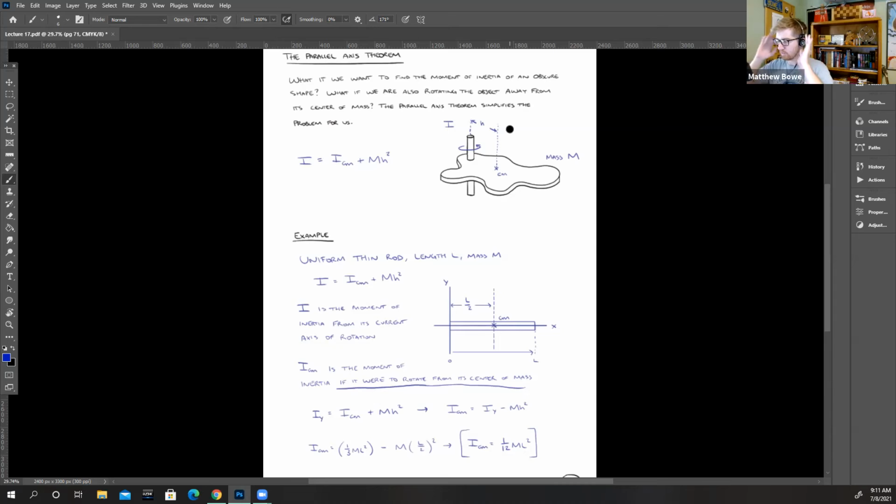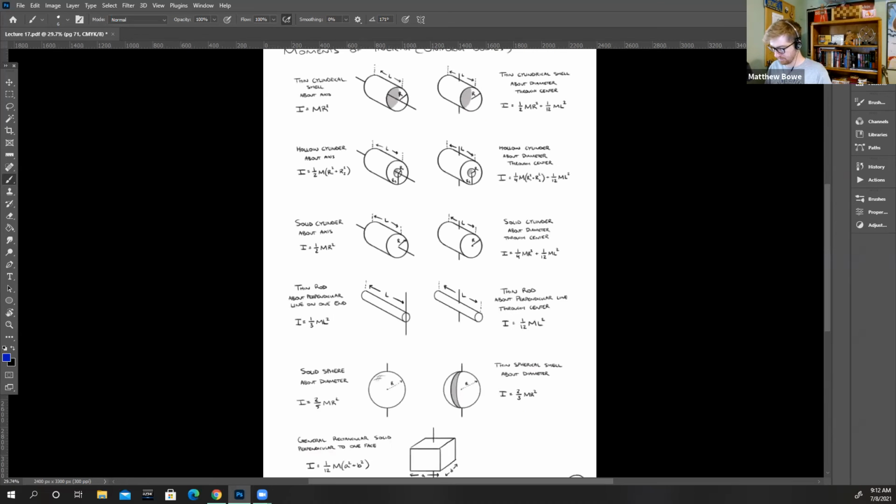But what we're trying to do with these moments of inertia is say how easy is it for this object to rotate. That's a good point. Let me go back real quick to that page. All of these moments of inertia tell me how easy this object is to spin about that axis.